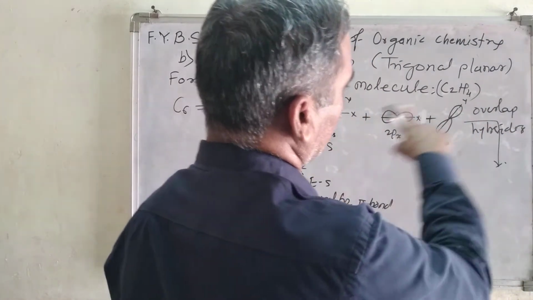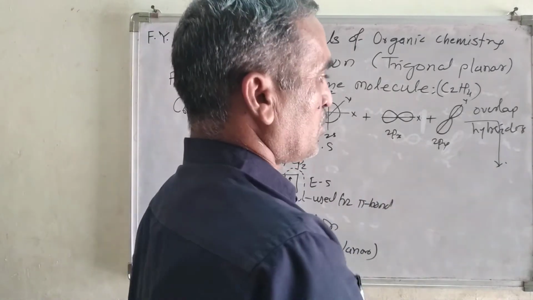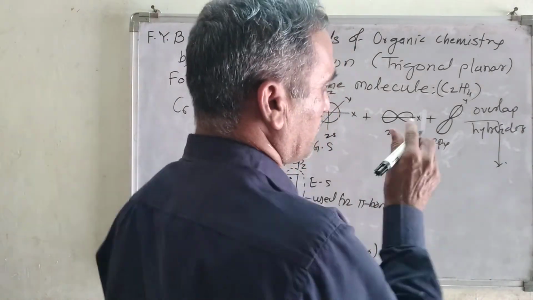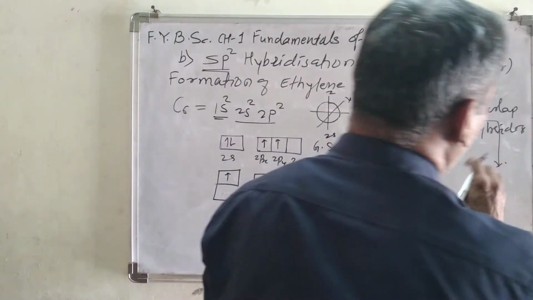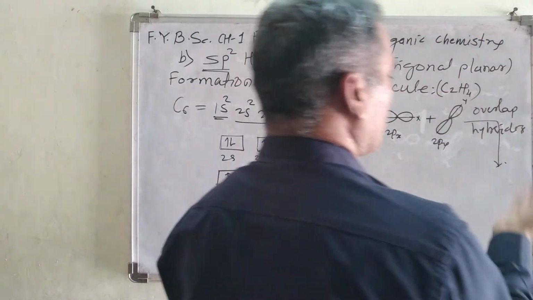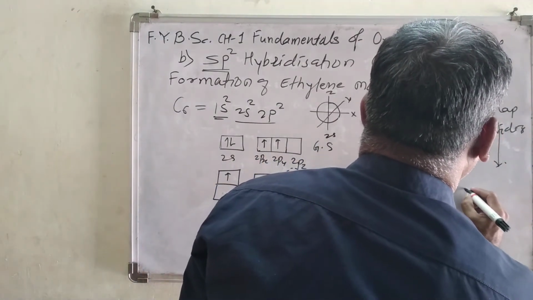After hybridization, the 3 atomic orbitals, 2s, 2px and 2py, undergo sp2 hybridization and form 3 sp2 hybrid orbitals. How do they form? Let us look at the structure.